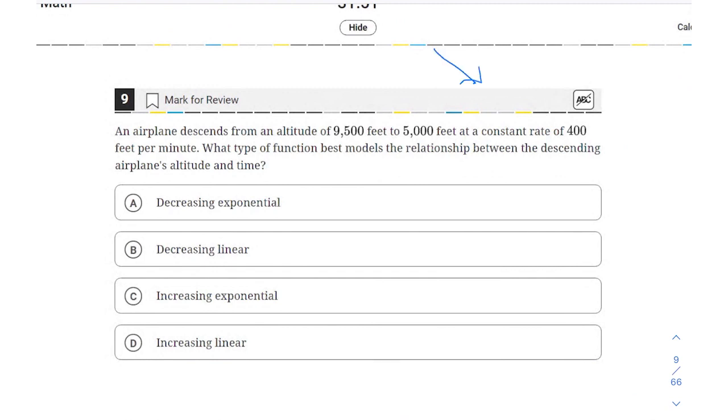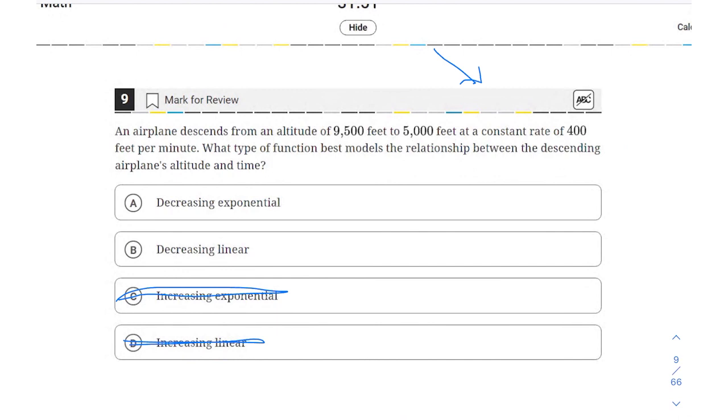So if we're going in a downward direction, then we can eliminate C and D, which talk about an increasing scenario. That would be maybe an ascending airplane, maybe one that's taking off. But here we are descending, so it should be something that's decreasing. And we just have to decide if it's going to be exponential or linear.